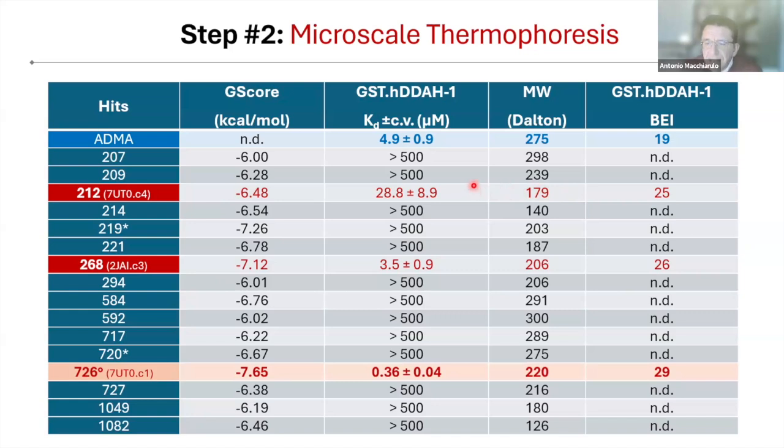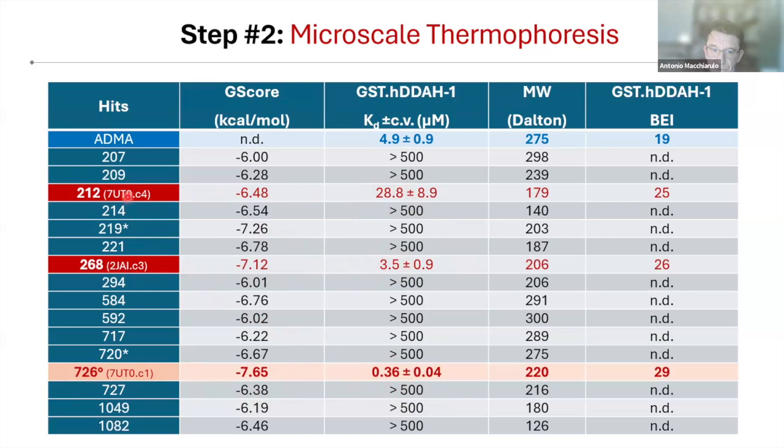While different molecules showed the ability to induce a thermophoretic movement in a single point binding experiment, only 3 of them, compound 212, compound 268, and compound 726, were able to produce a full binding curve from which we could derive a dissociation constant: in the high micromolar range of potency for compound 212, in the low micromolar range for compound 268, and in the nanomolar range for compound 726.